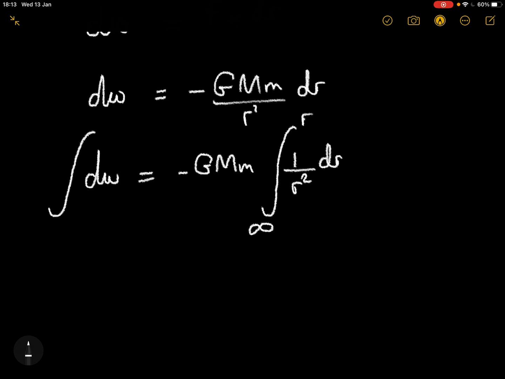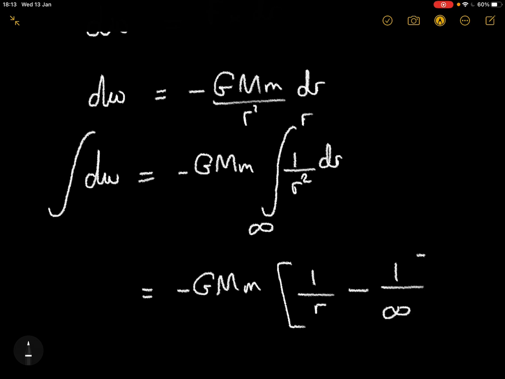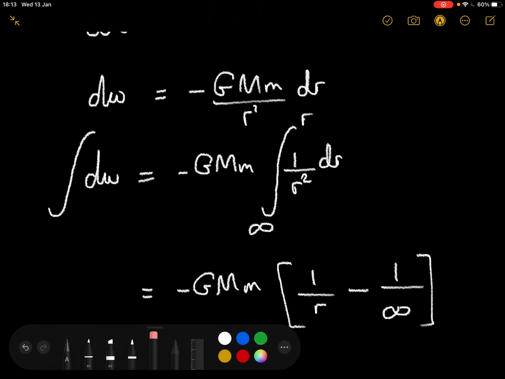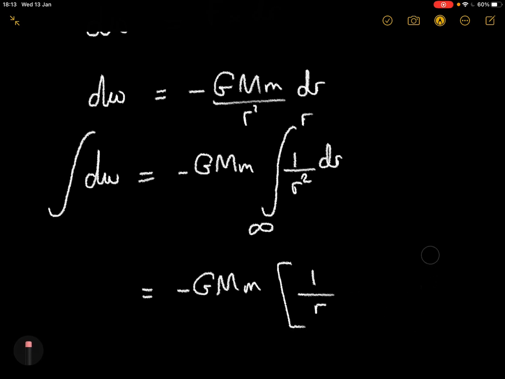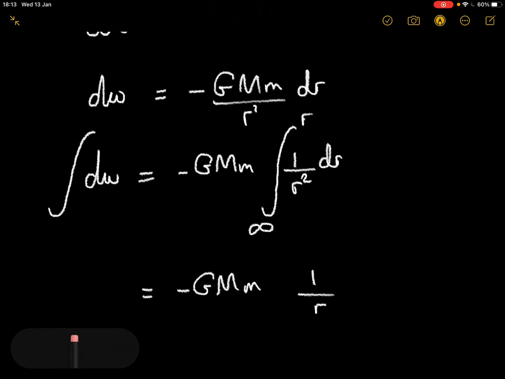Now, if you integrate that, you end up with minus G M m, and you end up with 1 over r, because you've moved to a distance r away, minus 1 over infinity, because you were from infinitely far away. Oh, look, 1 over infinity is 0. So bye-bye. And there we go. That becomes our equation.